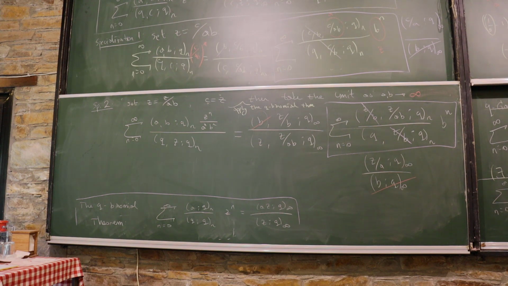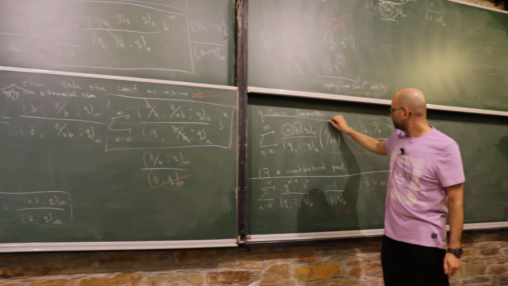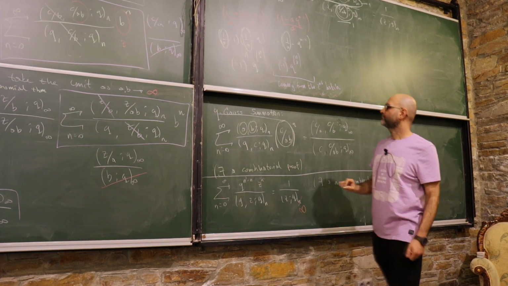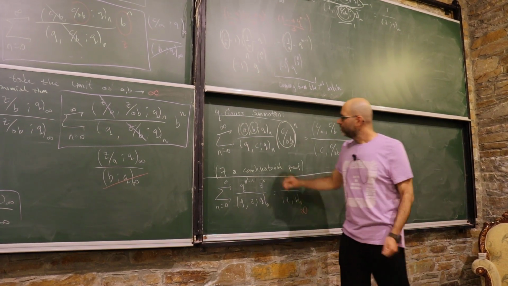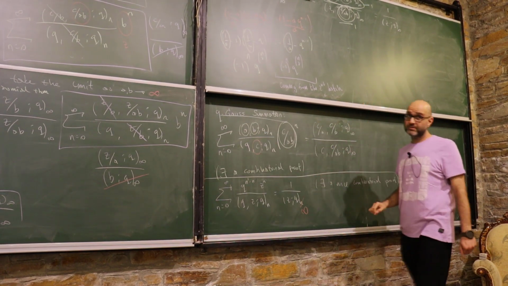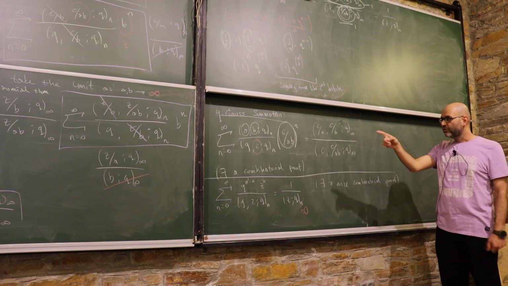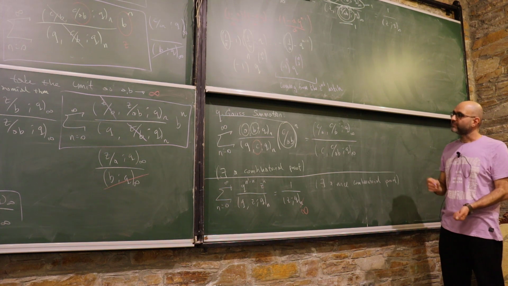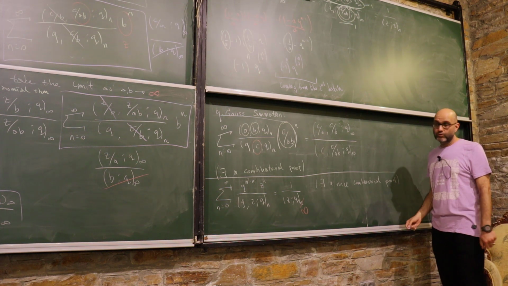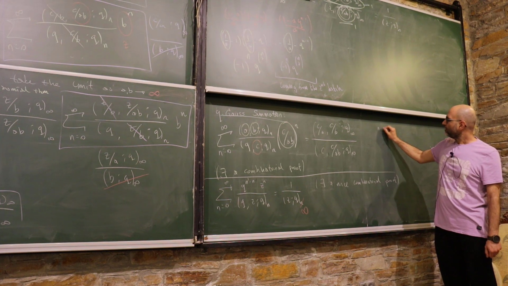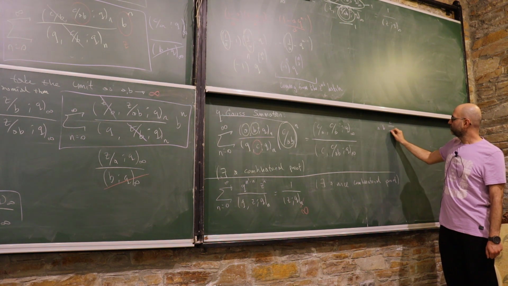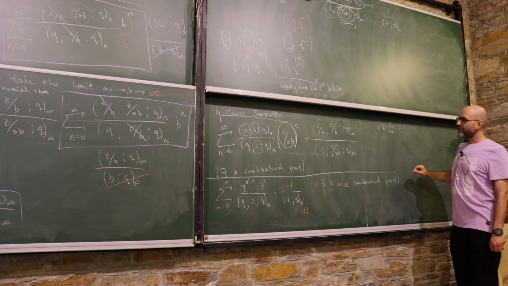You multiply the top parameters. You multiply the bottom parameters except for q, and if they equal each other, a times b times c divided by ab, is that equal to c?